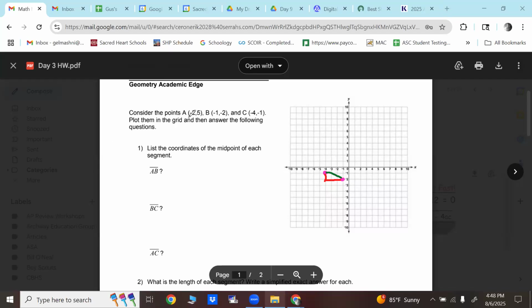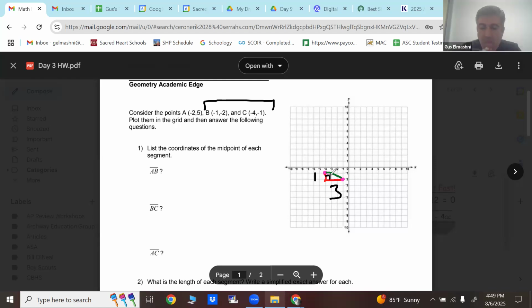Okay, so let's go find AB now. Sorry, BC. So let's find the length of each leg. Is the one to the right one? No, that's the left.